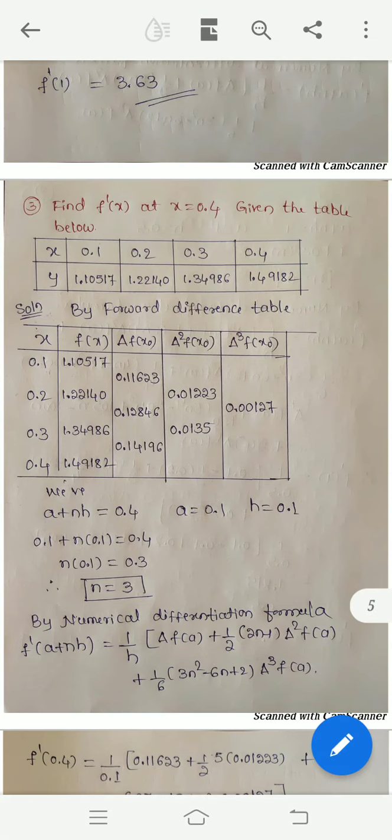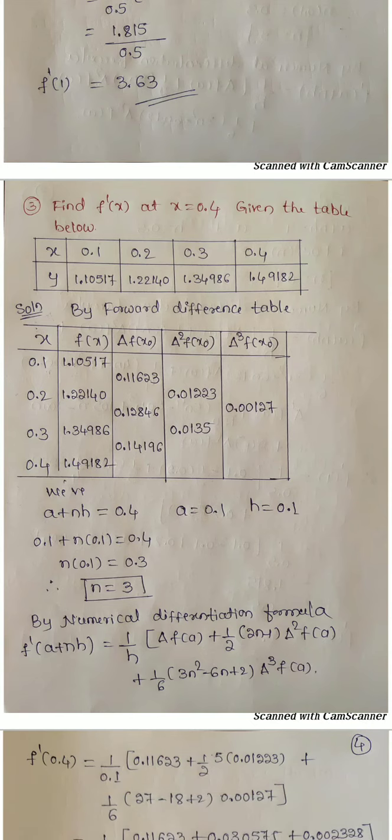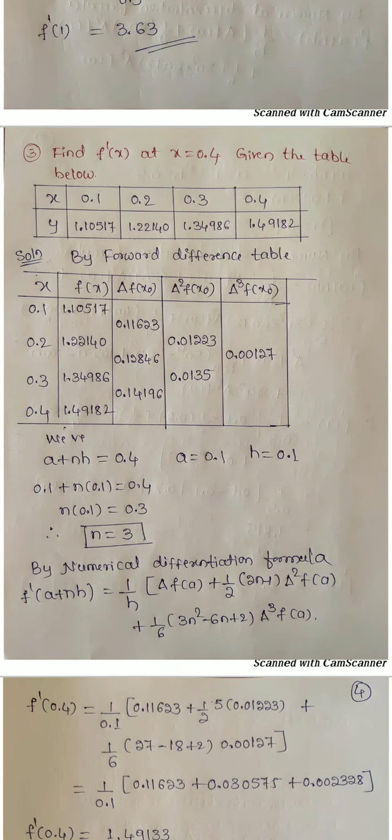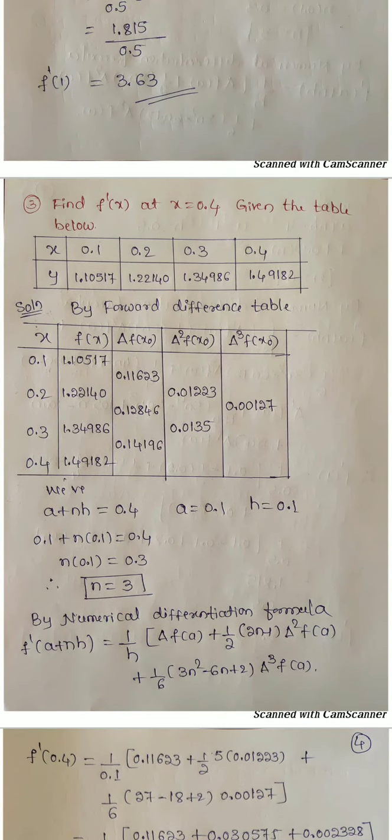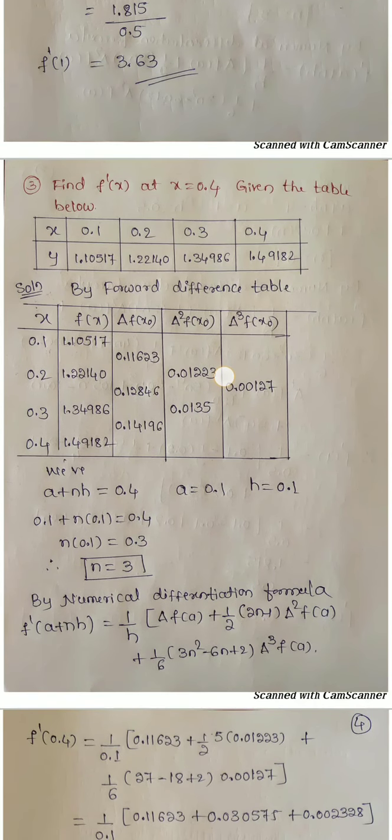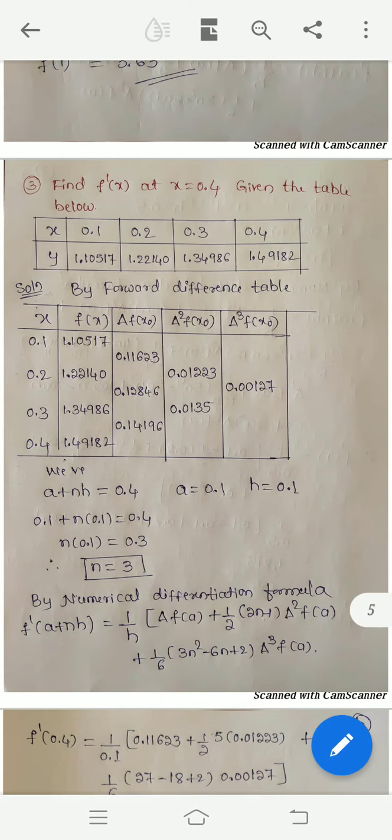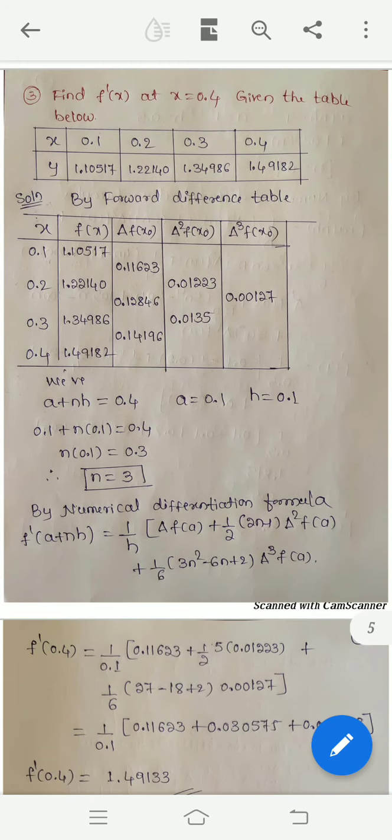So here 0.11623, 0.12846, 0.14196. Similarly, the second order difference is 0.01223, here 0.0135. Similarly, the third order difference, that is delta cube f of x naught, is 0.00127.